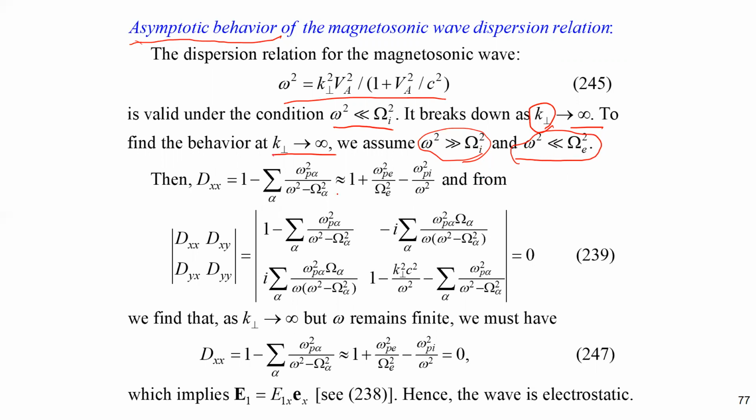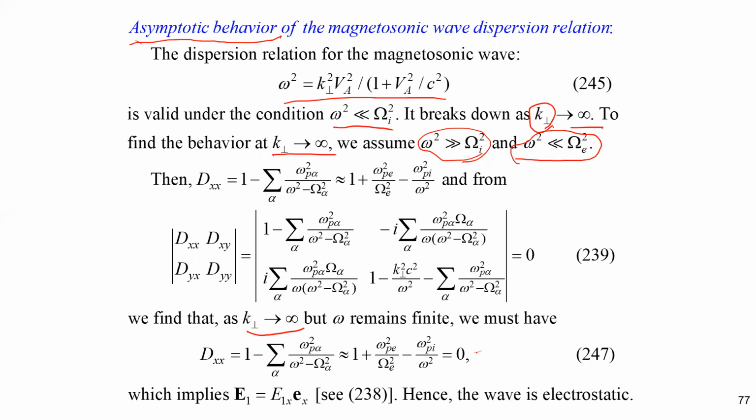So Dxx equals this one, okay? So the determinant is still 0. We found that k perpendicular goes to infinity, but omega remains finite.